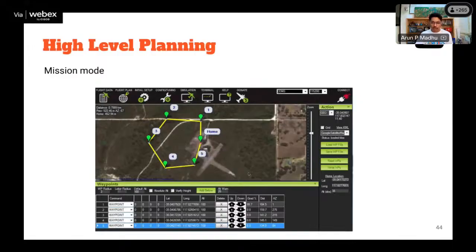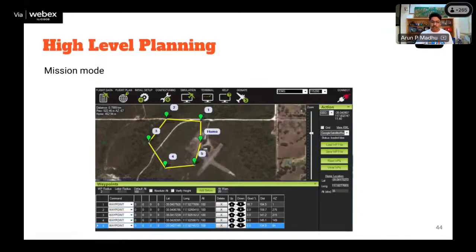So in Mission Planner, if you have a drone with GPS, you can put different GPS locations, and you can make the drone fly autonomously from your home to these different locations, and again come and land back at the home. So this is something you can make the drone do autonomously.